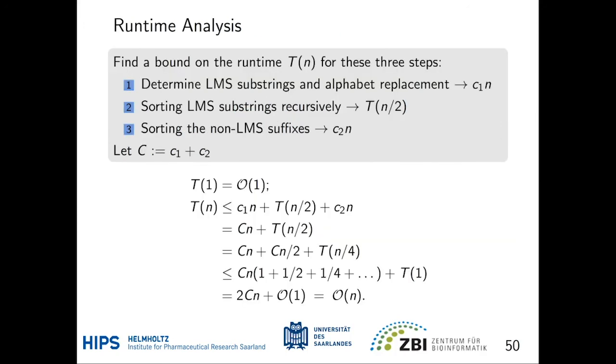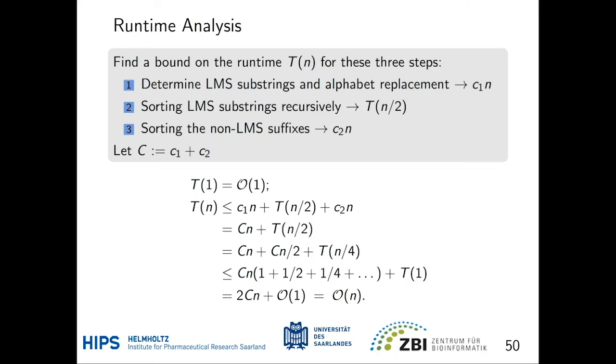So this allows us to compute the total runtime for this induced sorting construction of suffix array. To determine LMS substrings and to conduct the whole alphabet replacement step will take linear time for obvious reasons, because we only need to do a limited number of sequential scans of the text.